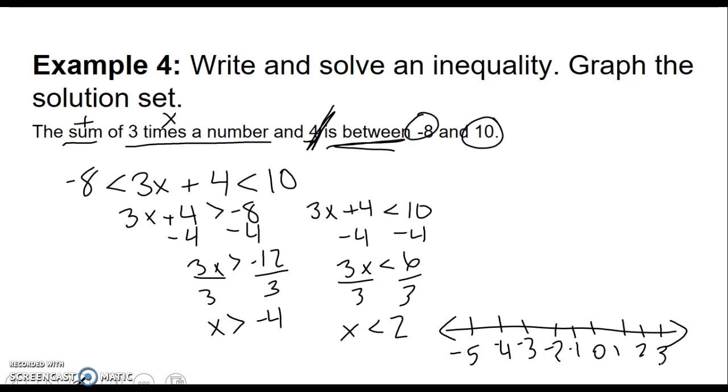Above negative 4, I have an open circle because it's just greater than. Above 2, I have another open circle because it's less than. Since it's greater than negative 4 and less than 2, I'm going to draw a line that connects the two of these.